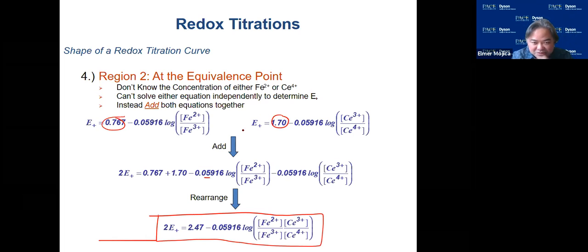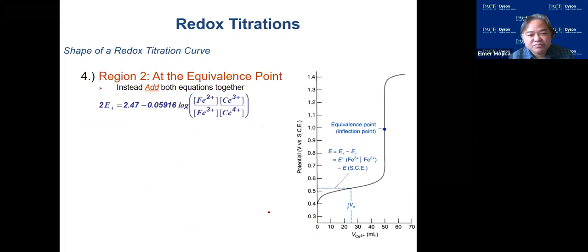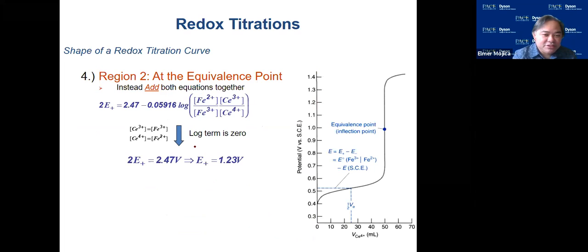Because I added these two. Where did I get 2.47? I added this. And for this one, since they have the same expression, all I did is combine the ions in the numerator and the ions in the denominator. Okay? So if I do this, adding them together, I have it here.